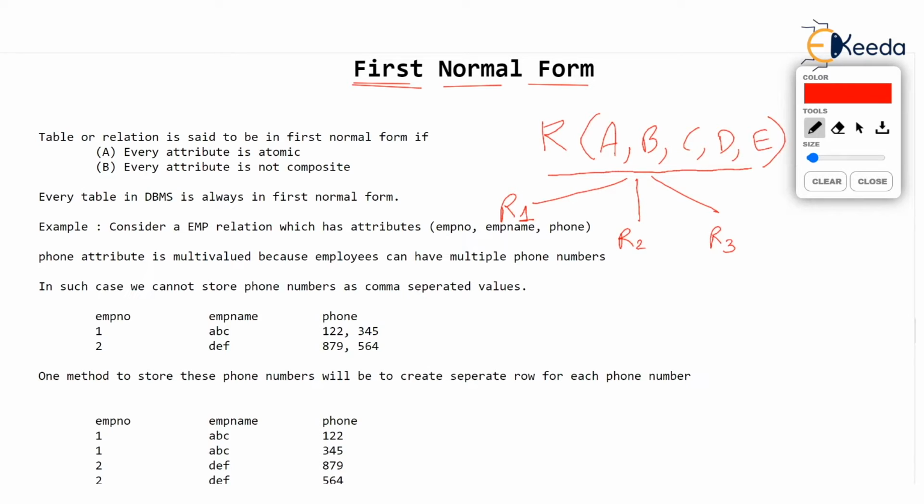Let's say R1 has two attributes AB, R2 has two attributes BC, and R3 has three attributes CDE. Just as an example, this decomposition into R1, R2, R3 must be lossless, and it may or may not be dependency preserving.